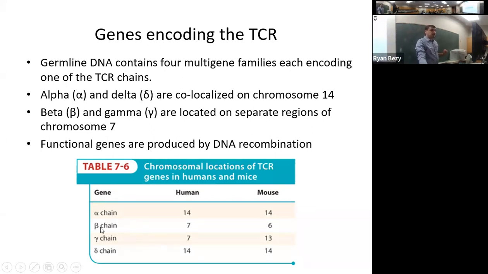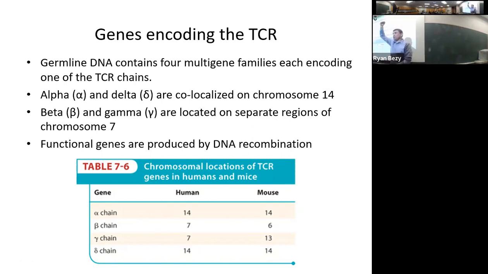Beta chain and gamma chain are also co-localized on chromosome number 7, but interestingly enough, in different parts of chromosome number 7. So one's over here and one's all the way over here, and they're not intermixed with one another. So these alpha and delta are intermixed. But why am I emphasizing that? It's actually going to become important when we talk about gene rearrangements.